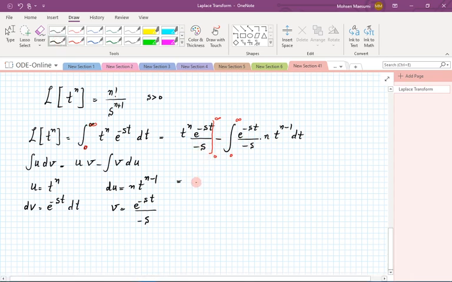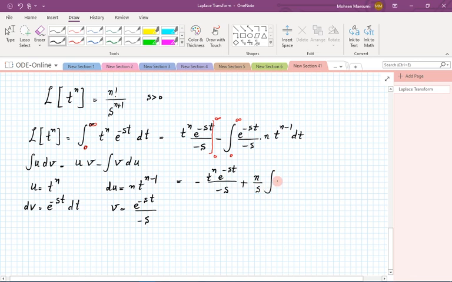So step 1. This is minus t to the power of n exponential of minus st over minus s. This minus and minus makes a plus. This n and s gives me n over s.